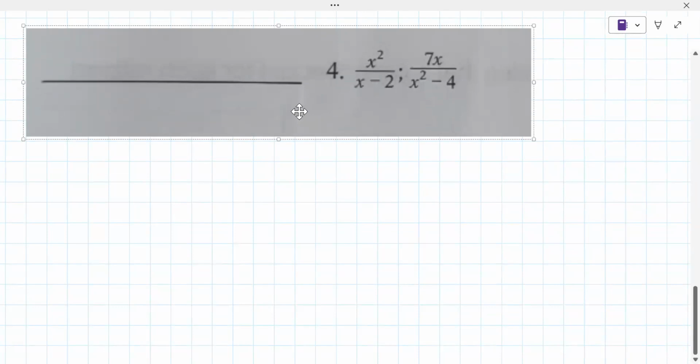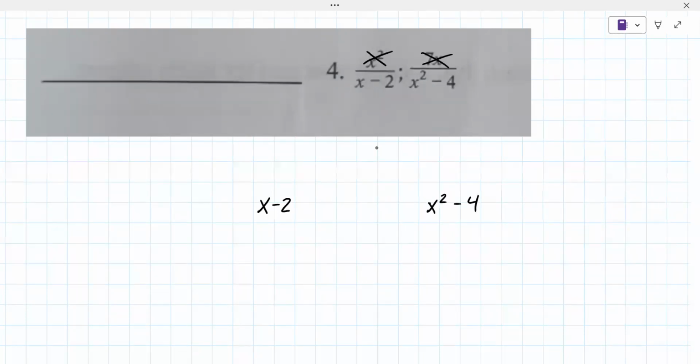Let me know when you're ready for this one. Just cross those out. Okay, I'm ready. All right, so we're just looking at the x minus 2 and the x squared minus 4.